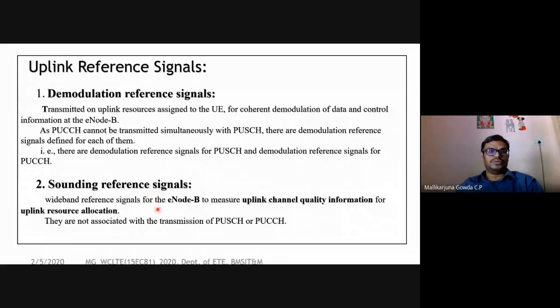So sounding reference signals are not associated with either PUSCH or PUCCH, but demodulation reference signals are associated. The purpose of the sounding reference signal is to measure the uplink channel quality information, for the allocation of uplink resources.